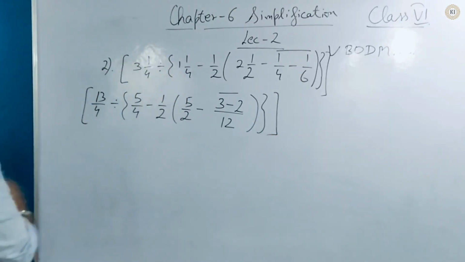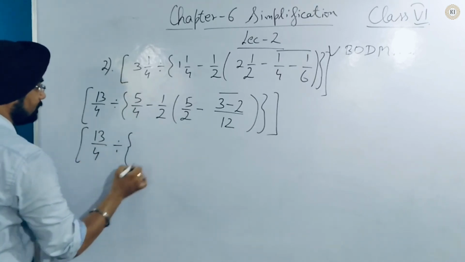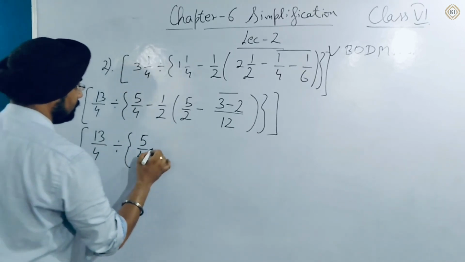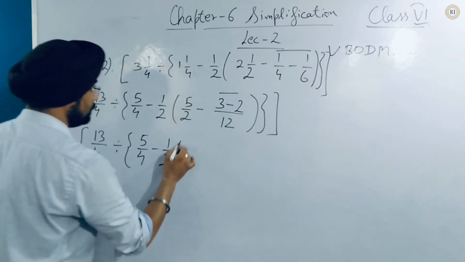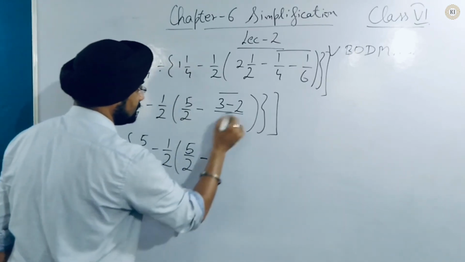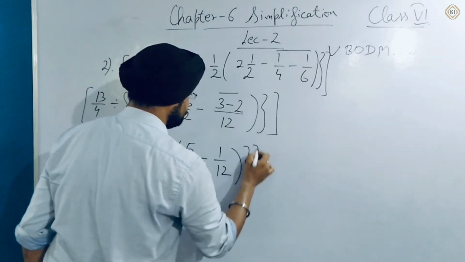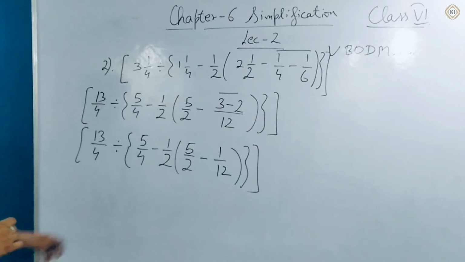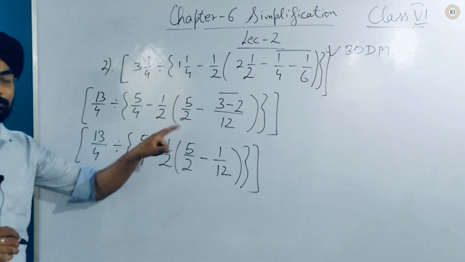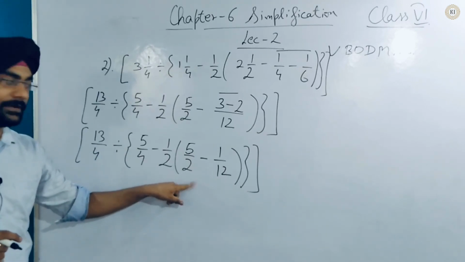Now 13 by 4 divide 5 by 4 minus 1 by 2, 5 by 2 minus 3 minus 2, that is 1 by 12. Now we are going to solve the bracket, but in the bracket we are going to solve this parenthesis part, small bracket first.